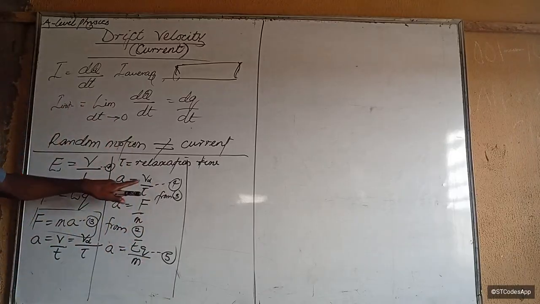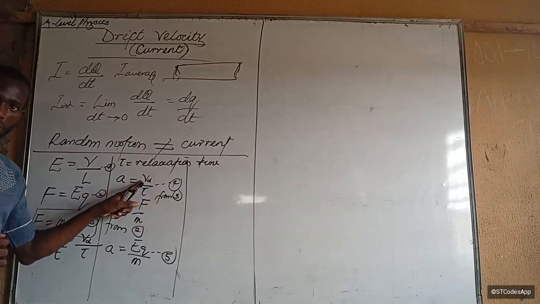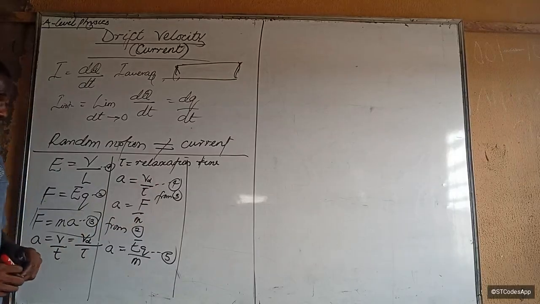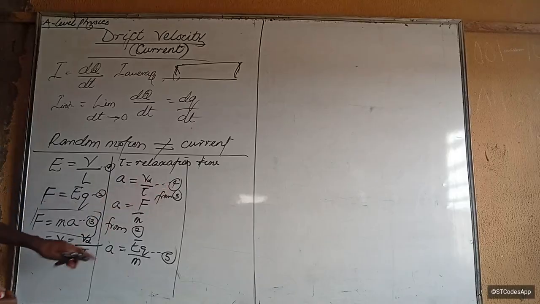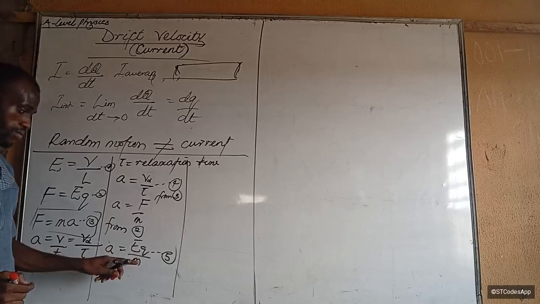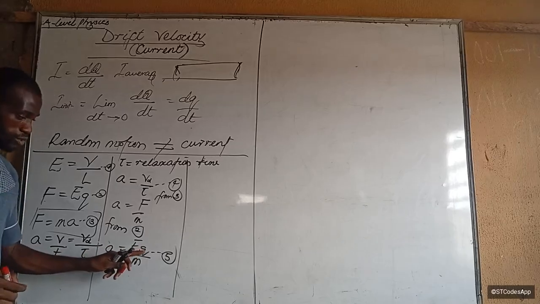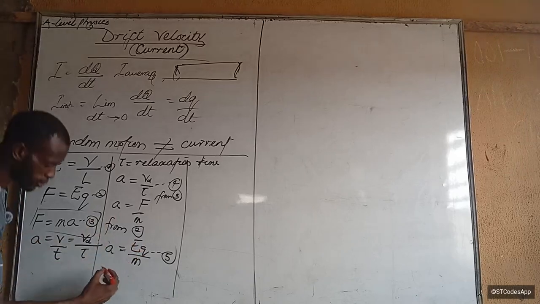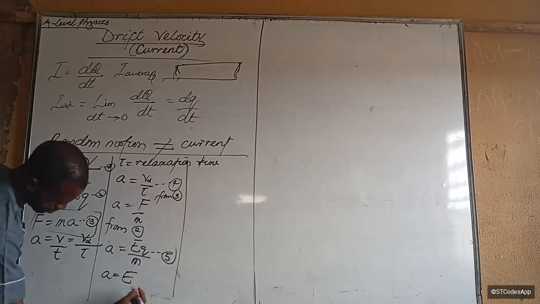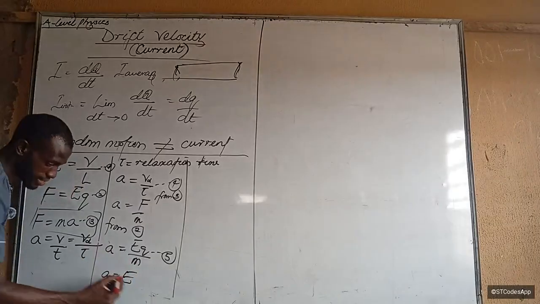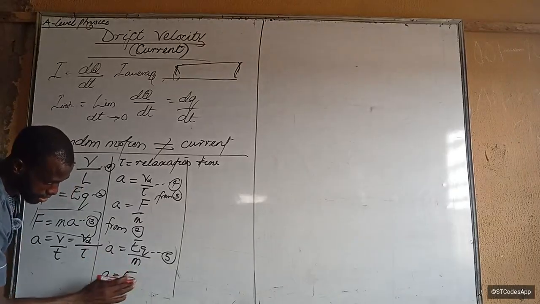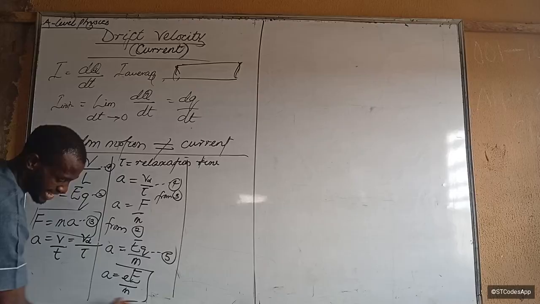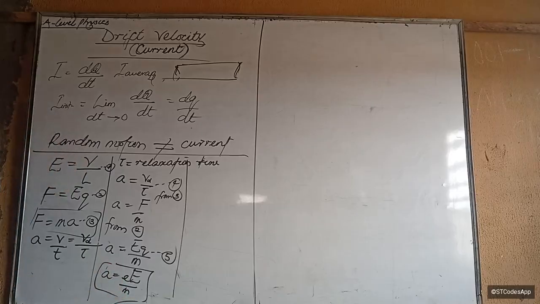We know that acceleration is drift velocity over tau in equation 4, and acceleration is EQ over m, that is electric field times unit charge over mass. Now this unit charge in your textbook might be the electron, because they are the charge carriers. So let me write it this way, e over m, they are the same, just in case you see a different convention.